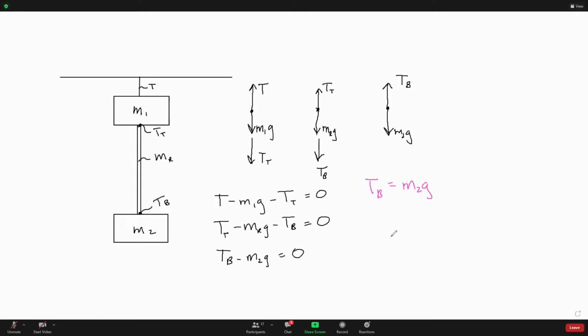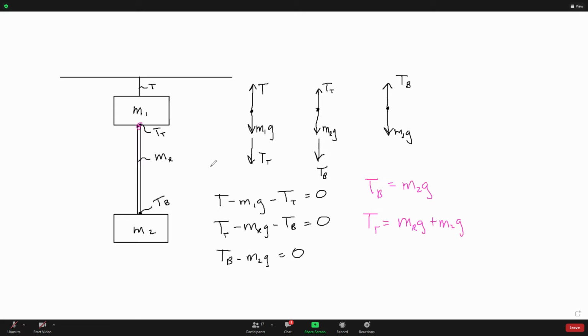Since we know that, we can write T at the top is equal to MRG plus T at the bottom, which is M2G. And that also makes sense. Because right here, this tension is due at that point to the weight of the rope and the weight of M2.